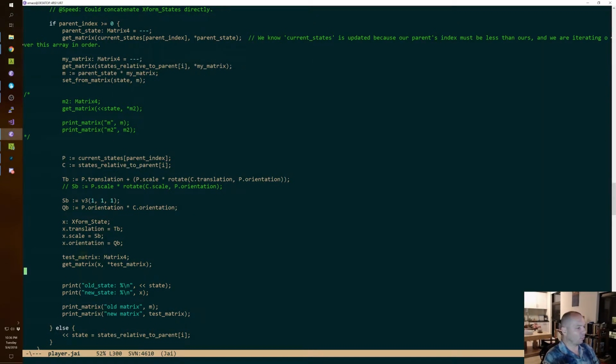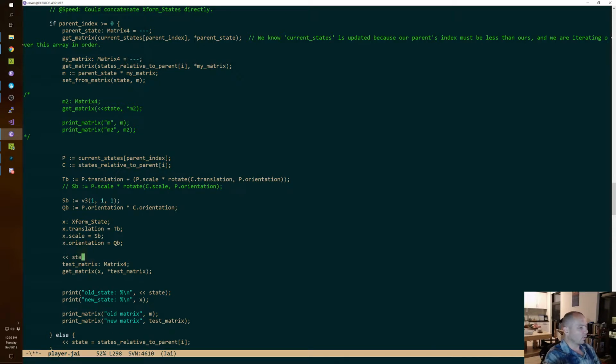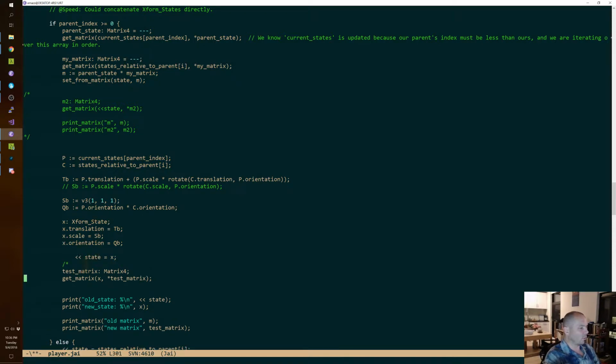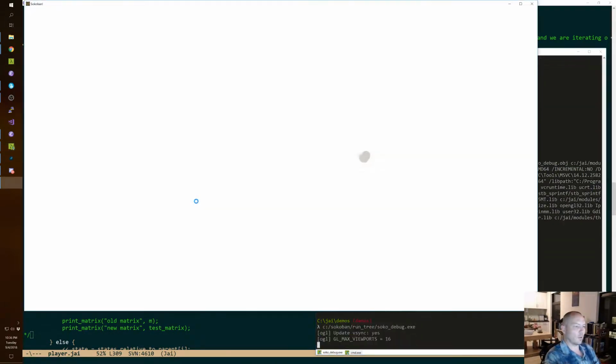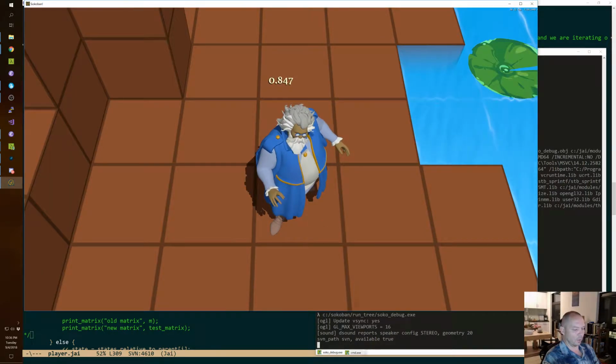Let's comment out these print things. Let's actually just say this. We're going to do this math, and we're going to say state is X, and we're going to comment out this stuff. So we're taking our result of this math and we're using it actually for the animation. And my expectation is it won't actually look any different, but let's see.